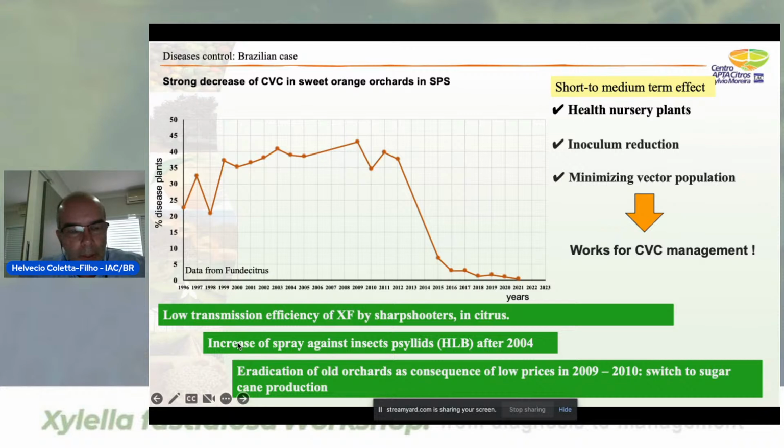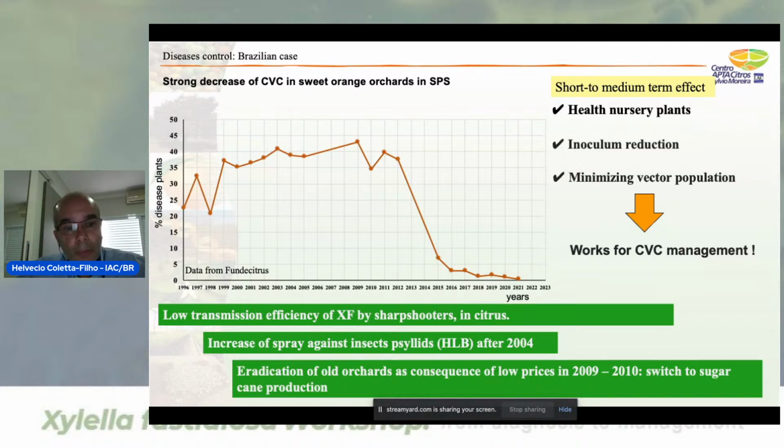Another point that you must keep in mind is that there was an increase of the spray against the psyllid insect that transmits Candidatus Liberibacter, the causal agent of HLB, after 2004, and consequently this also controlled the Xylella vectors.